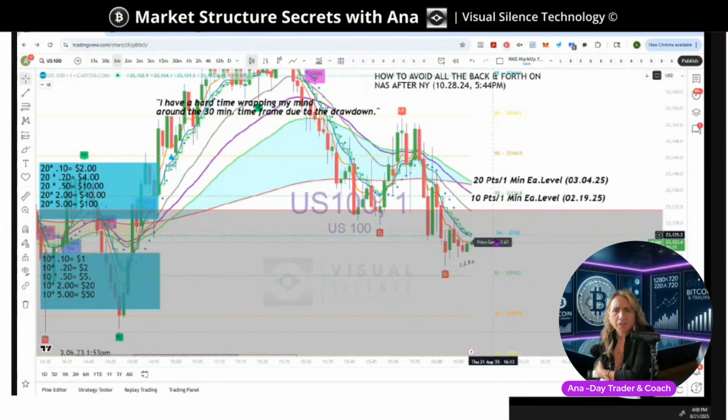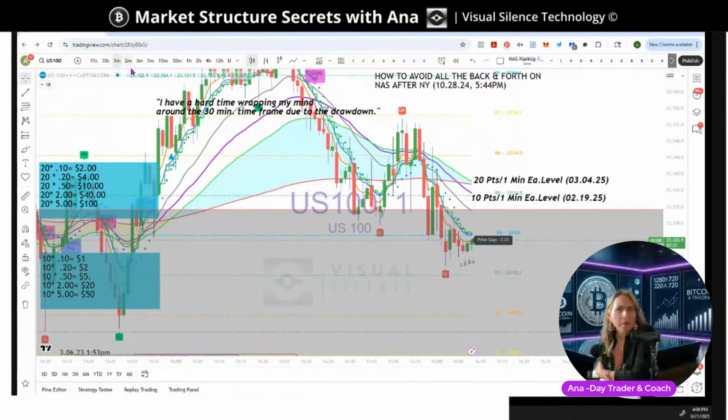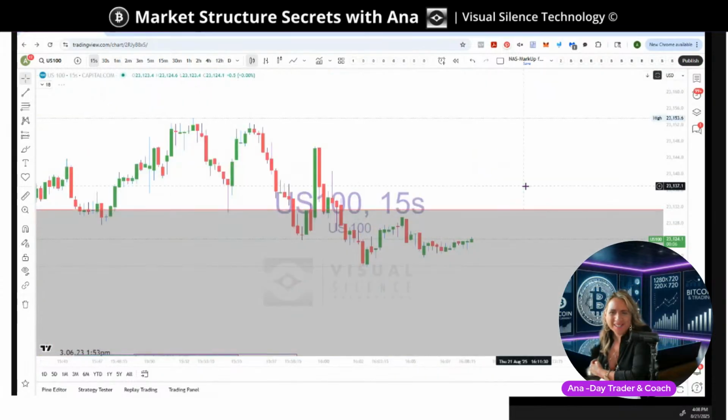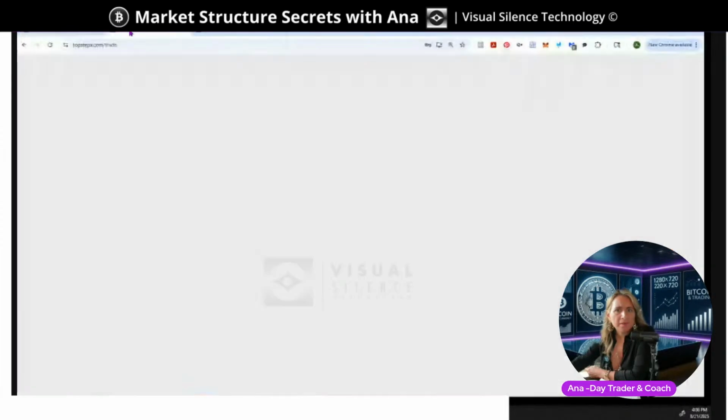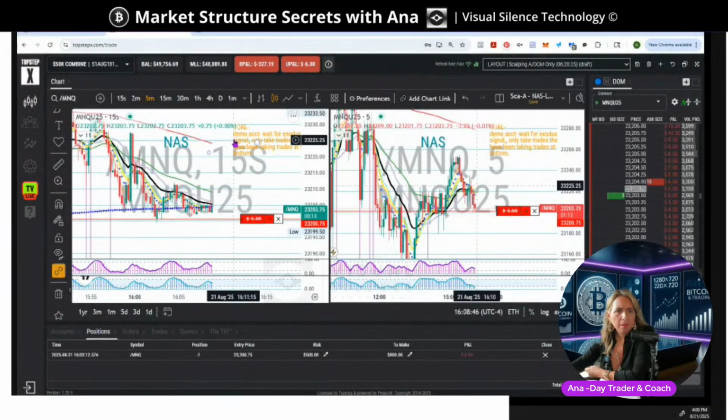This pivot level is a very strong area of support and resistance, so it's not a stupid level. I just call it a stupid level because it's not doing what I want it to do. But it is reacting the way it should off of that zone. Just have to wait for it to get down.